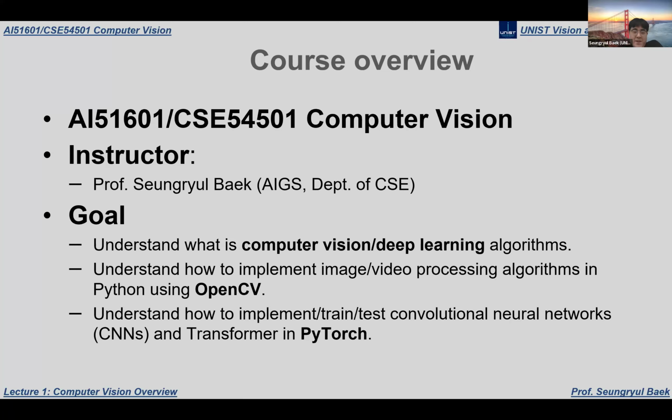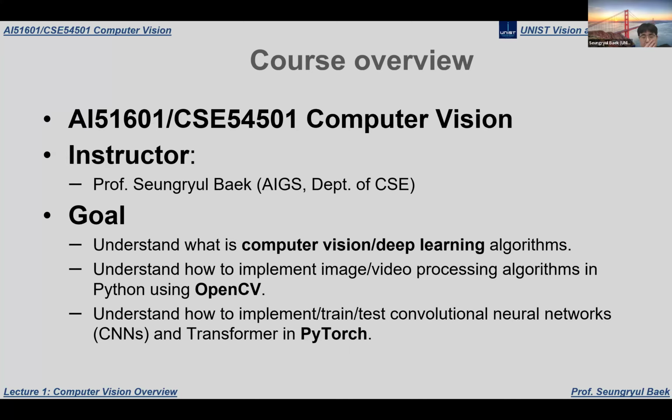Okay, anyways, we will make you understand those algorithms again during this course, and also help you to learn how to implement those algorithms using the Python and their library, OpenCV and PyTorch.